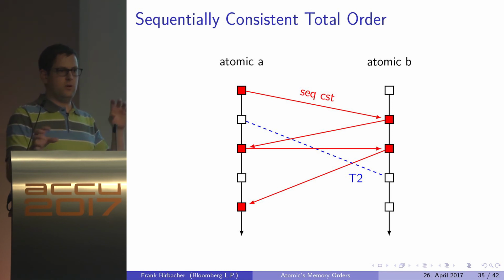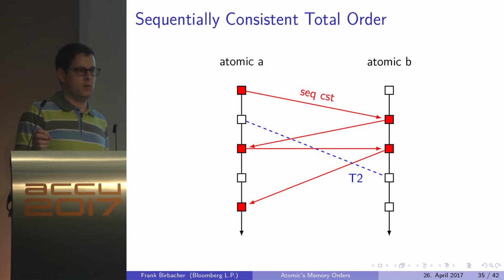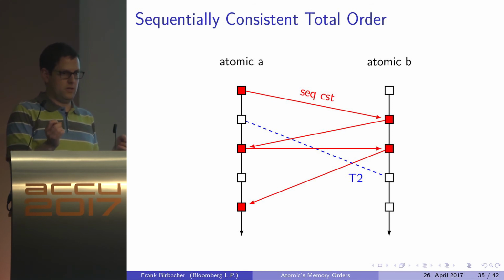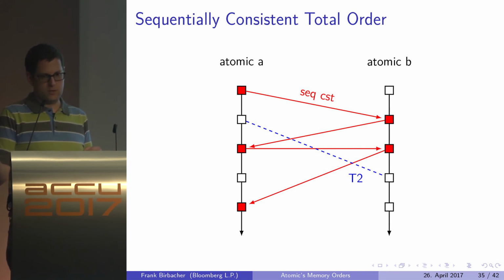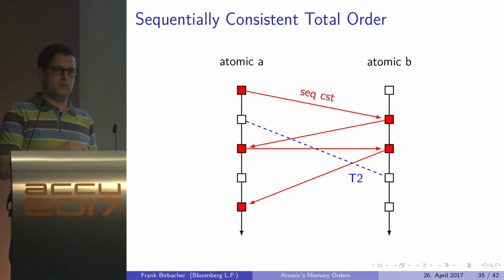And all these modifications now need to go in some order, a global total order on all of these operations. If all we do is sequential consistent ordering, if we never apply release, relax, acquire, whatever, then we have this single total order of all modifications. If we mix and match, then we end up with some operations being sequential consistent, and only those then participate in the total order.